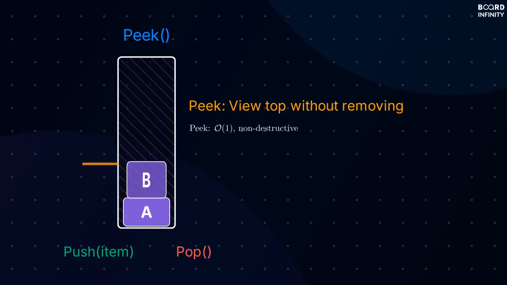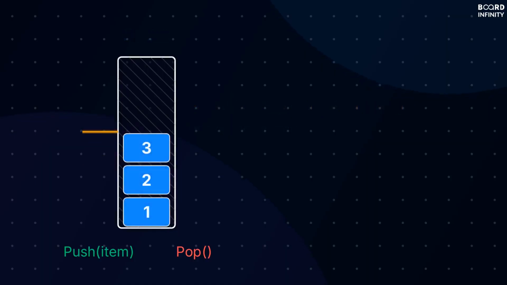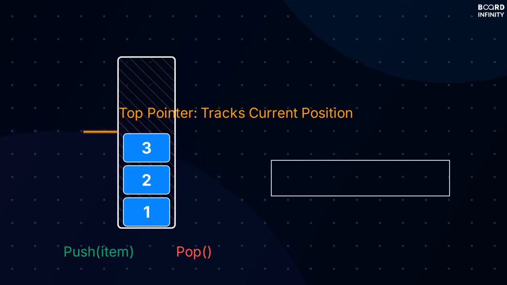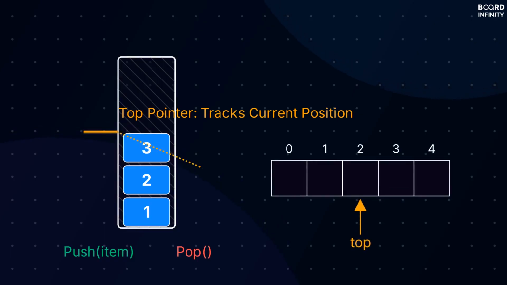or its contents. The top pointer isn't just a visual aid. It's the core mechanism. It tracks the current position of the last item added, acting as an index that points to the next available slot or the current top element, depending on the implementation. In an array-based stack, this pointer is literally an index variable.